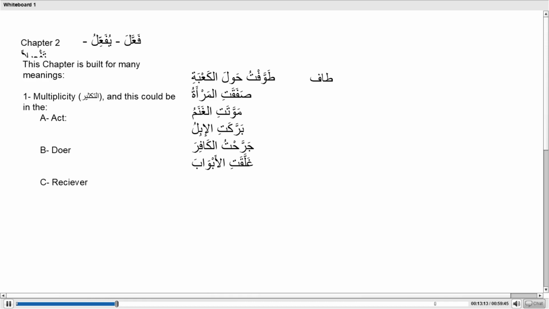But صفقت المرأة, what we mean here is the hands. Now, صفقت المرأة, صفقة means clapped two things together. Okay? Now, if you say صفقت المرأة, does it show you how many times she did that? Or does it show you that she did that many times?